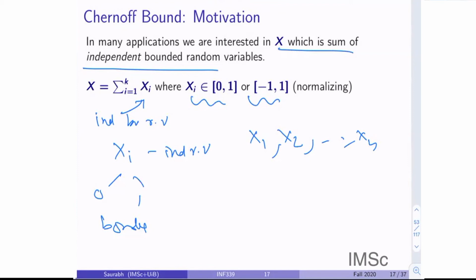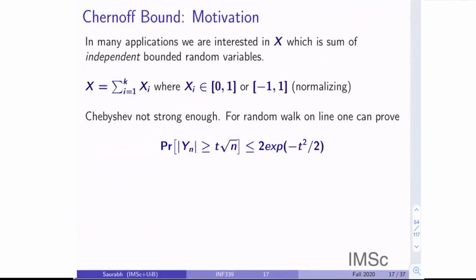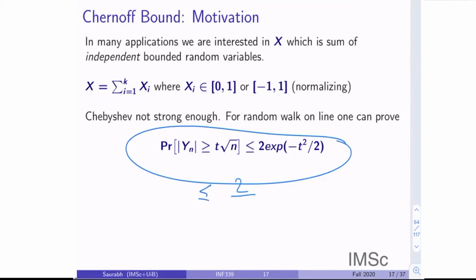I'm not going to give you a proof for this, but I will tell you what kind of inequality we get. If I just directly apply it to the random walk, we can prove bounds like: the probability of being t root n away is less than or equal to 2 times e to the minus t square by 2, right?